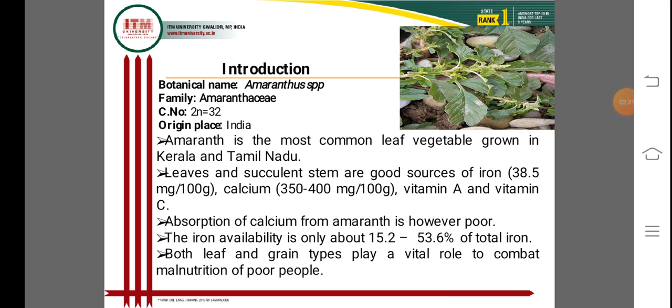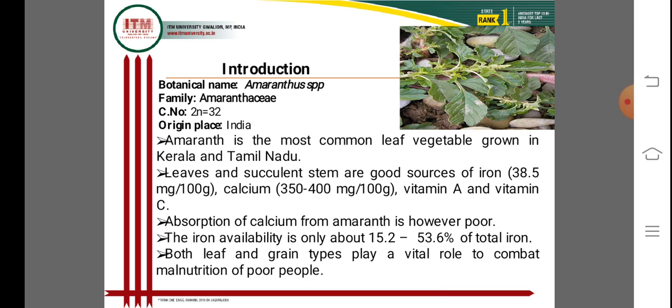The next is that absorption of calcium from Amaranthus is however poor, because this is a resource of nutritional value. The iron availability is only about 15.2 to 53.6% of the total iron present in the leaves of Amaranthus.